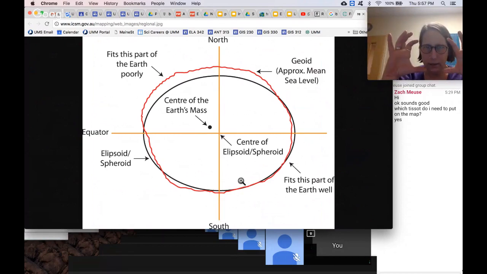So geodesists take these ellipsoids and then they make them round and bumpy, and they do so in a way that best fits the Earth for whatever kind of map they're trying to make. And geoids, as you might guess, are hugely complex, right?